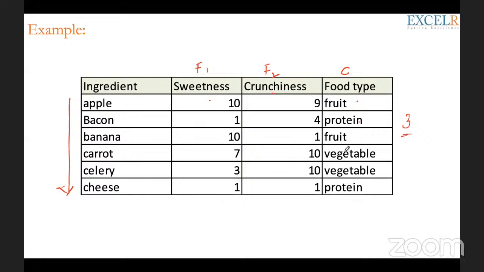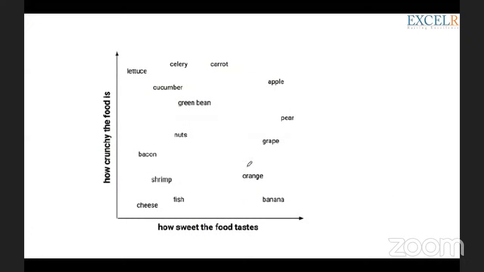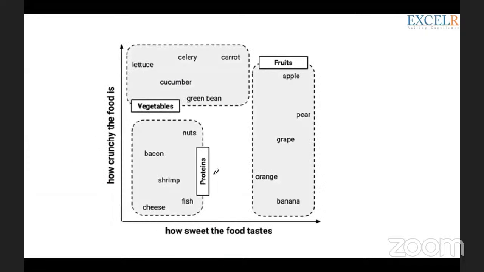When we visualize this data in a two-dimensional feature space, feature 1 and feature 2, you can see a pattern among vegetables, proteins, and fruits. For the fruits, the sweetness is very high and the crunchiness varies from low to high.